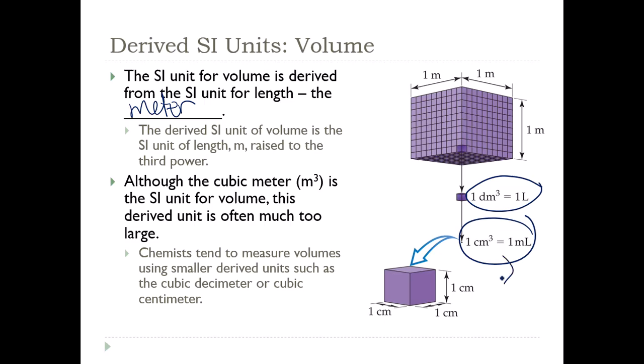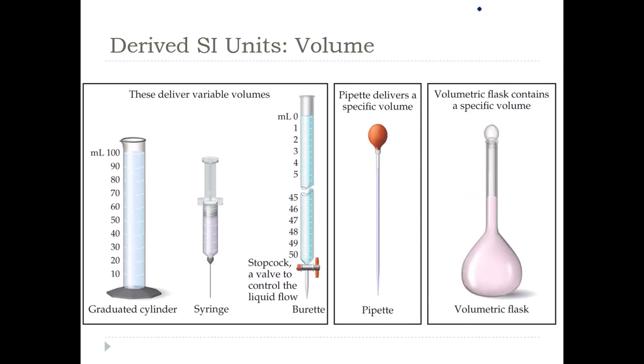This is a handy conversion to know. So 1 milliliter is equal to 1 centimeter cubed. But technically, officially, the meter cubed is the SI derived unit for volume.